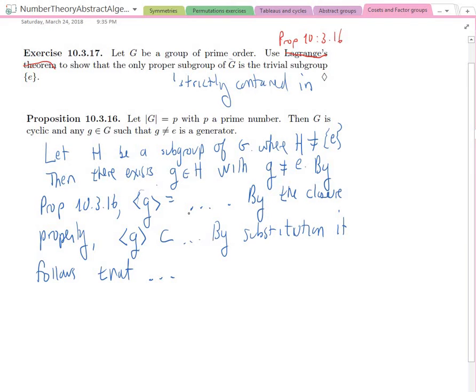So you can follow this outline to prove this. Okay. So I can say the only subgroups of G are the identity and ... So you can fill in those blanks, and that will give you the proof that you need. Okay.